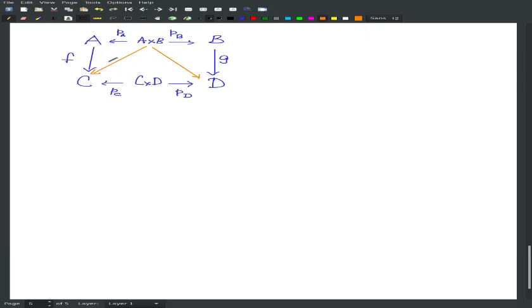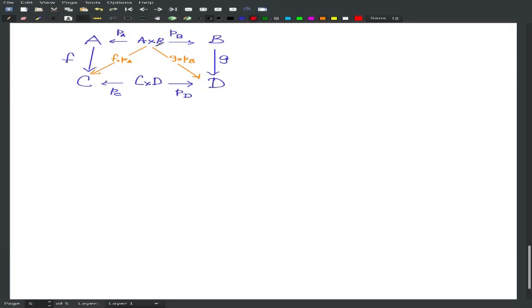If you compose, this part is obviously PA composed F, this part is F composed PA, and this part is G composed PB. So now you have this hanging from A cross B, and you have fixed this C and D. This is the product.